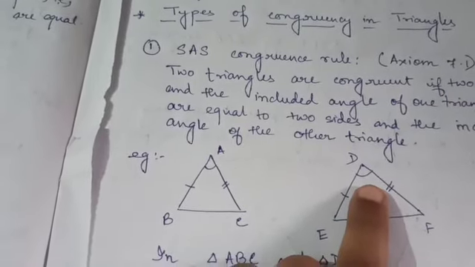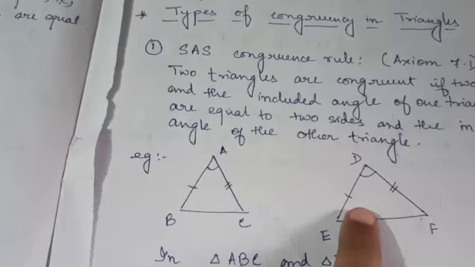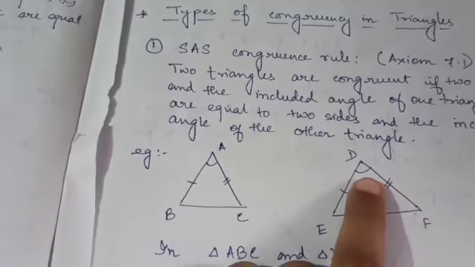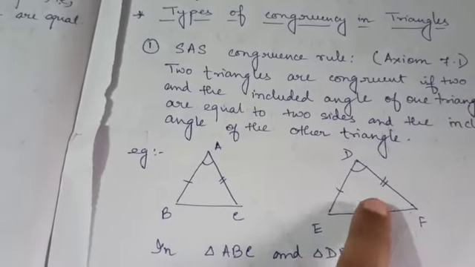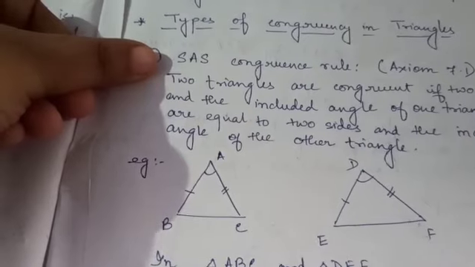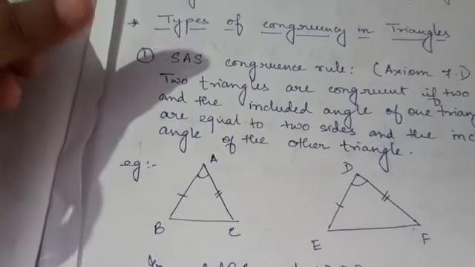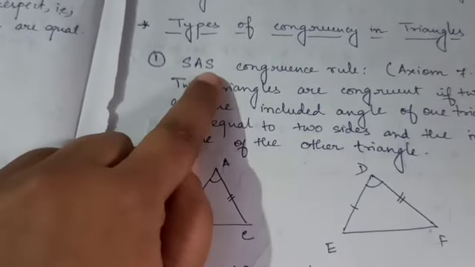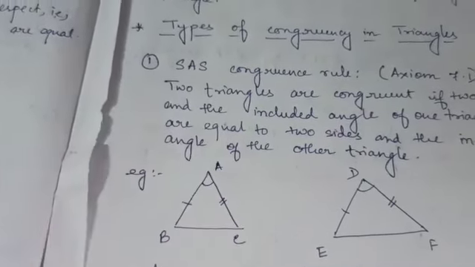Included angle means the angle lies between the two equal sides. Whenever the angle between two equal sides is given, we always write it in this fashion: side, angle, side. So in two places we are writing the sides and in the middle we are writing the angle.